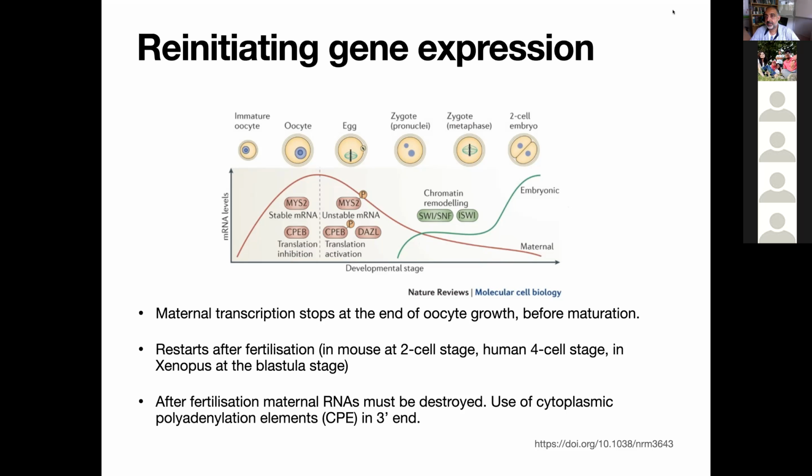Any questions so far? Raj: Yes, maternal transcription is stopping at the end of oocyte growth. From that point onwards till maturation, is it mainly nurtured by maternal factors from the maternal cells? Yeah.